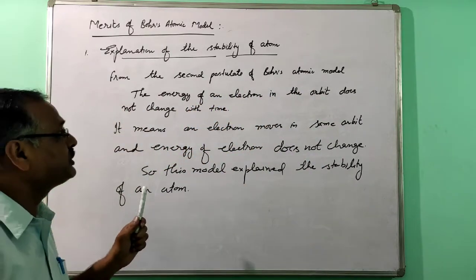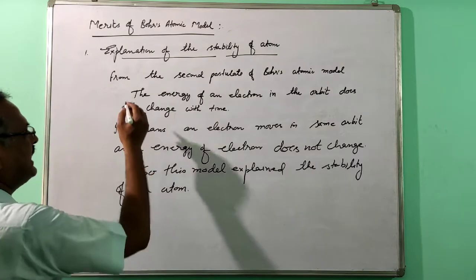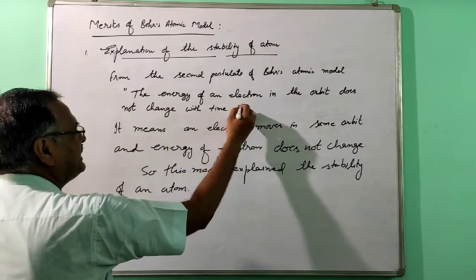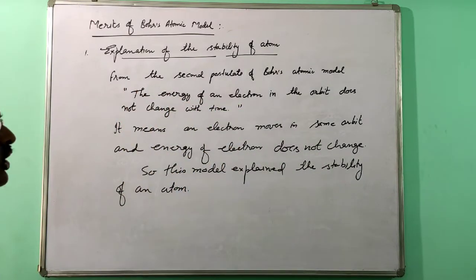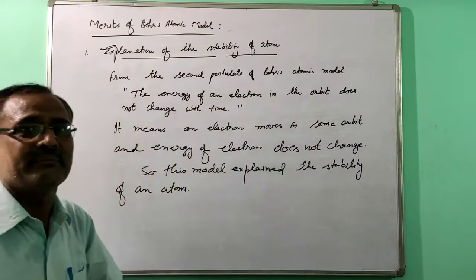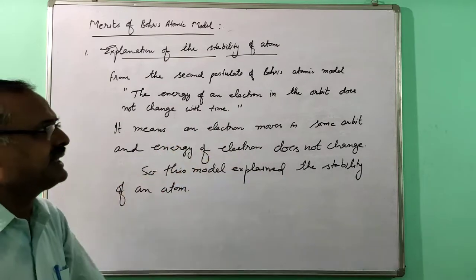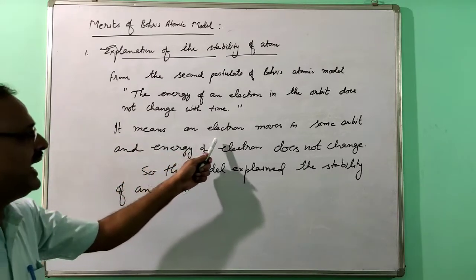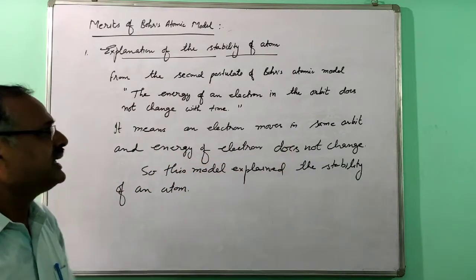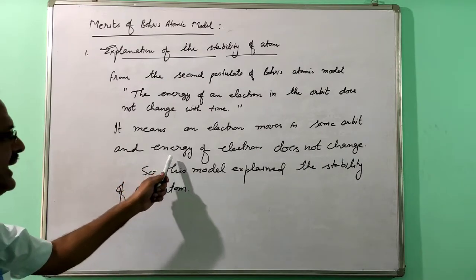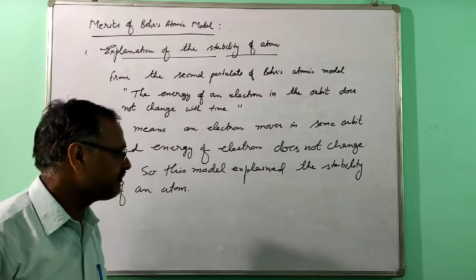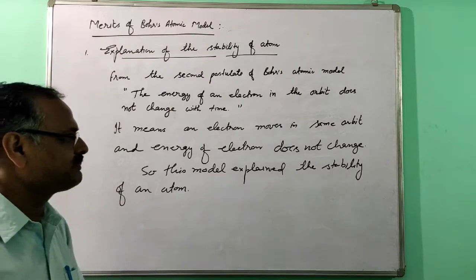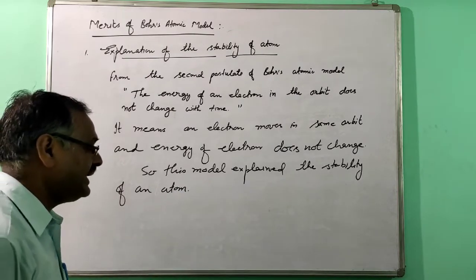What is the second postulate? The energy of an electron in the orbit does not change with time. It means an electron moves in the same orbit and the energy of the electron does not change. So this model explains the stability of an atom.